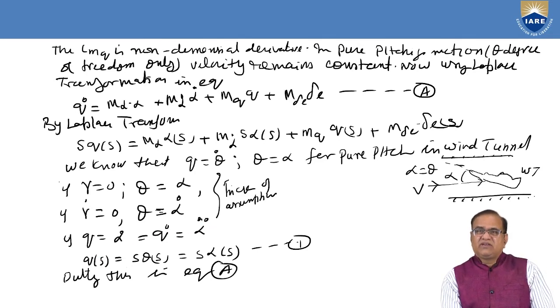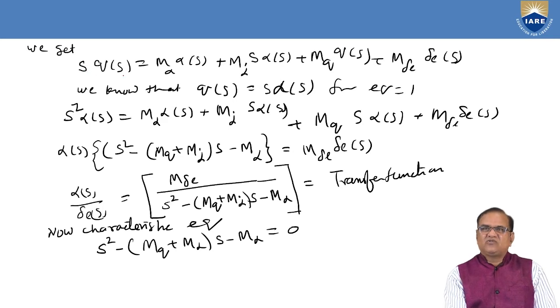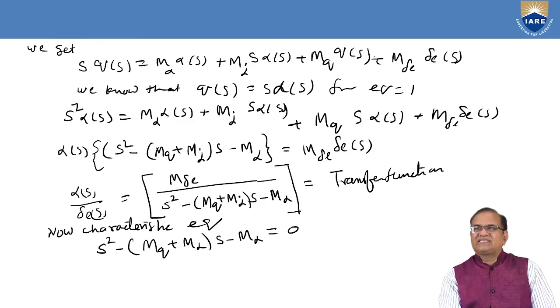So here Q(s) is equal to s theta(s). In place of Q(s) we can write s theta(s), and in the alpha term we can write s into alpha(s). This we will put in equation number 8. For q we will put s alpha(s). So we get s Q(s) is equal to m alpha into alpha(s) plus m alpha dot into s alpha(s) plus m q Q(s) plus m delta E into delta E(s).